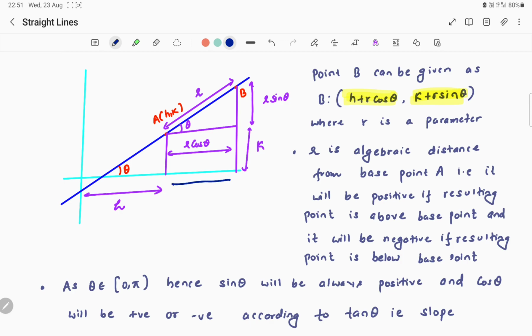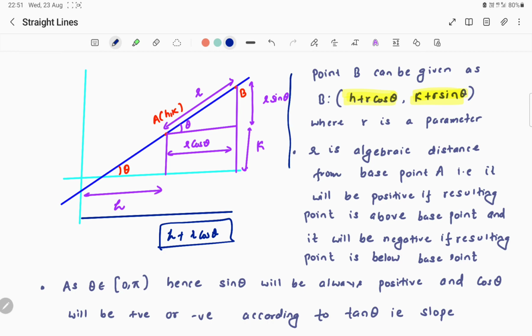What is this other distance? Imagine we have taken r distance on the line. If this angle is theta, this angle is also theta by corresponding angles. So by trigonometry this length is r cos theta. So the x coordinate of B is h plus r cos theta. What about y? Same logic. Y has two components.